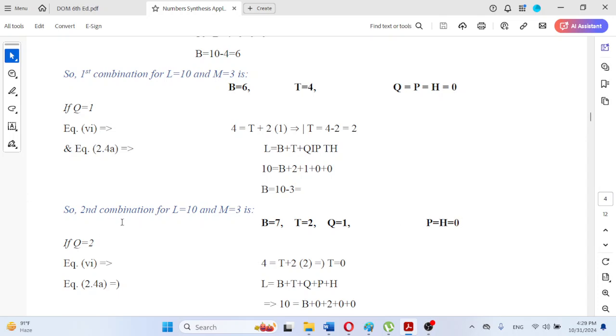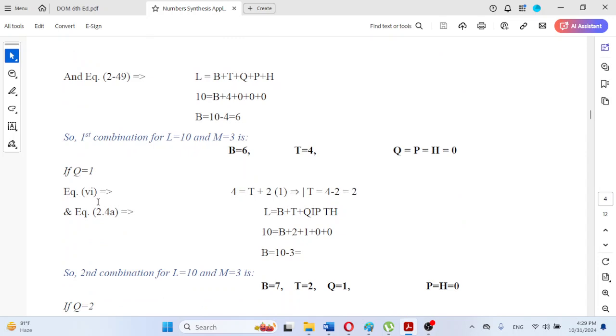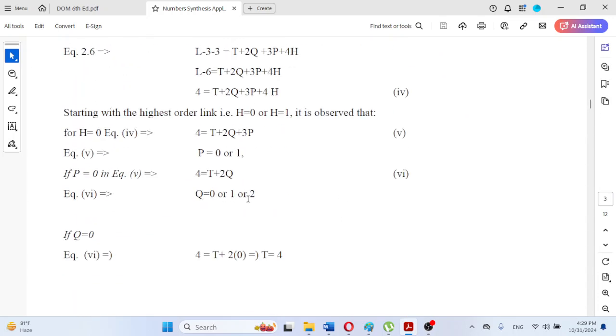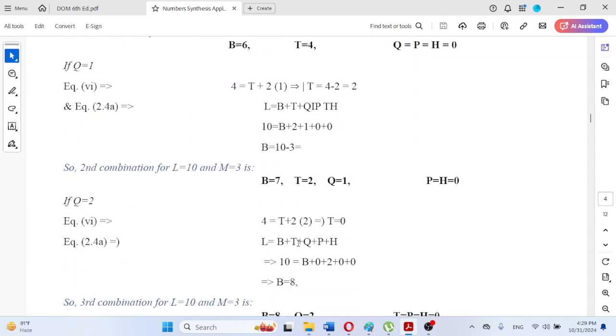So the second set for M3 and L10 has been obtained, and the last value that we had assumed is 2. So if Q is equal to 2, we can observe that 4 is equal to T plus 4, so that means 4 minus 4, so T is equal to 0.